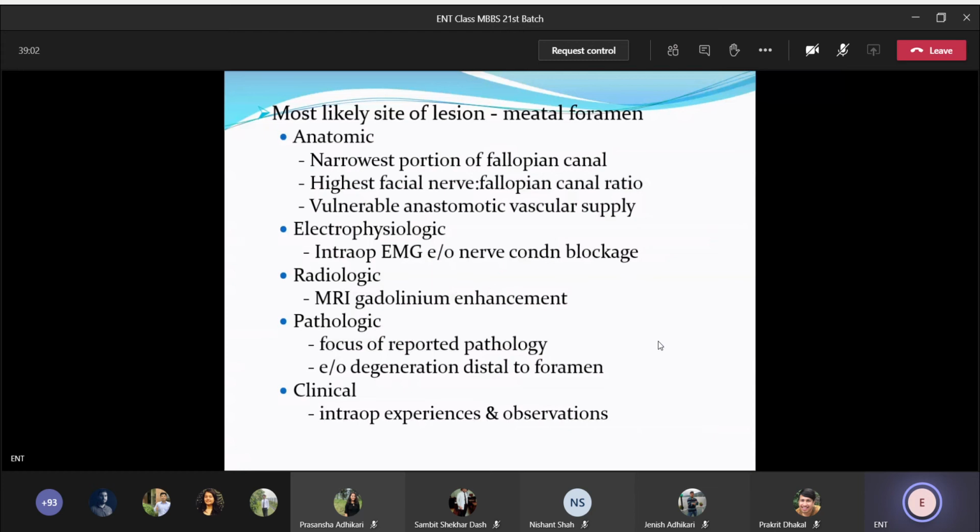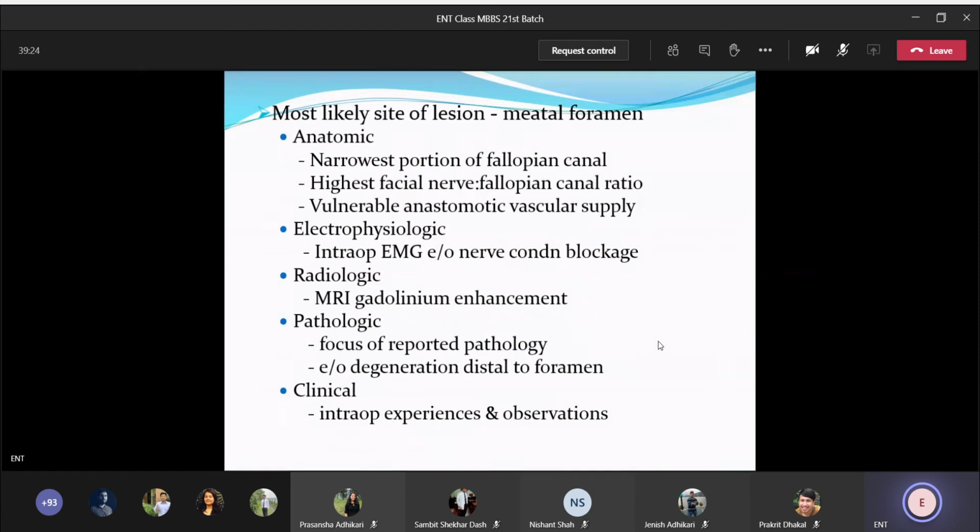Facial nerve to fallopian canal ratio means there is no space between the facial nerve and the bony canal, so there is less space. If there is edema in the facial nerve, it will swell and compress against the fallopian canal.